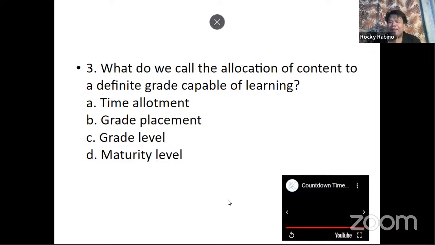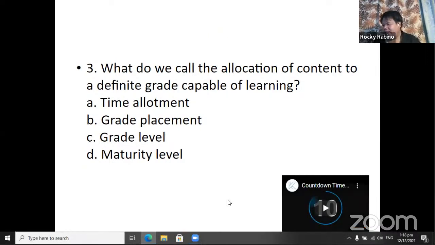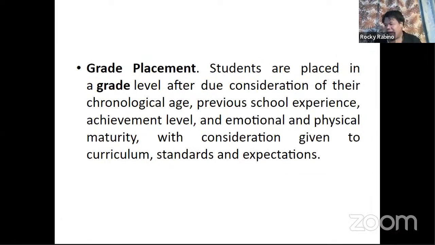Time is up. The correct answer here is grade placement, letter B. Students are placed in a grade level after due consideration of their chronological age, previous school experience, achievement level, and emotional and physical maturity, with consideration given to the curriculum standards and expectations.